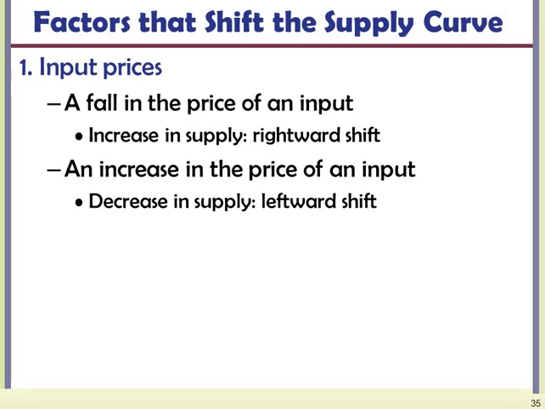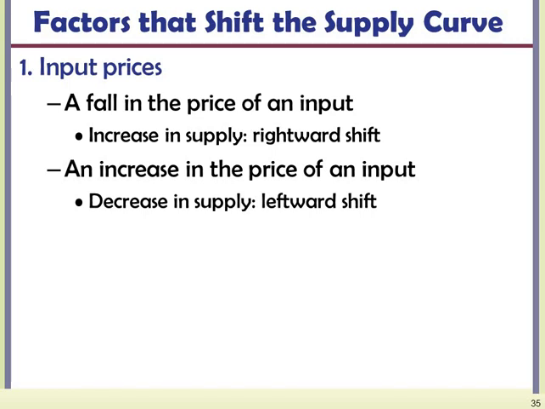So, in this case, what would happen with our supply curve? With a fall in the price of an input, tataas yung supply, and ang mangyayari sa ating curve is rightward shift. But if the price of our input will increase, what will happen with our supply? Automatically, it will decrease, or what we call a leftward shift.